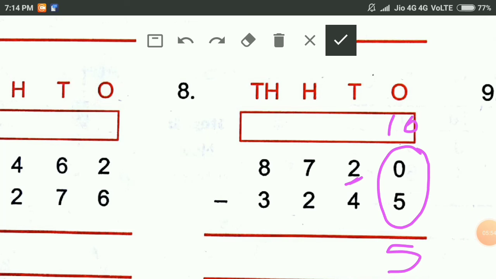Then 1 is here. You can't subtract 4 from 1, so you will borrow from here. 11. 11 minus 4, 7. Then 6 is here. 6 minus 2, 4. 8 minus 3, 5.